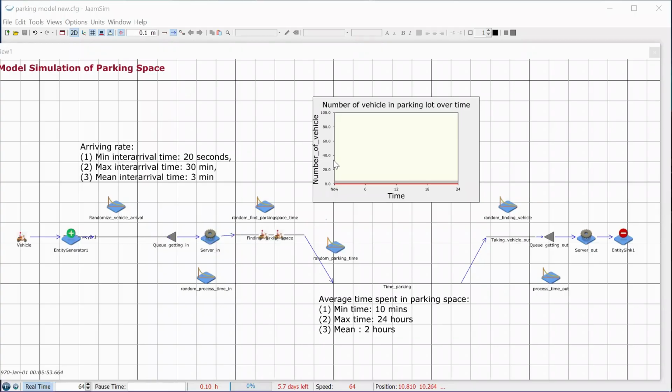For our model, we use the exponential distribution to randomize the chance and interval time of people coming into the parking lot. The time has a minimum of 20 seconds, a maximum of 30 minutes, and a mean of 3 minutes, meaning the minimum would be two people coming in next to each other within 10 seconds, the maximum would be a 30-minute interval, and on average, most people come in 3 minutes from each other.